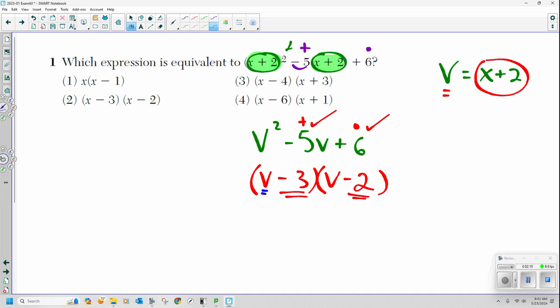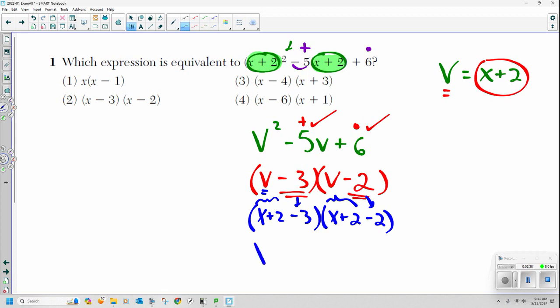So for this v, it's x plus 2, and I still have my minus 3. And for this v, I have x plus 2, and I still have my minus 2. I'm really just going to simplify this where I can.